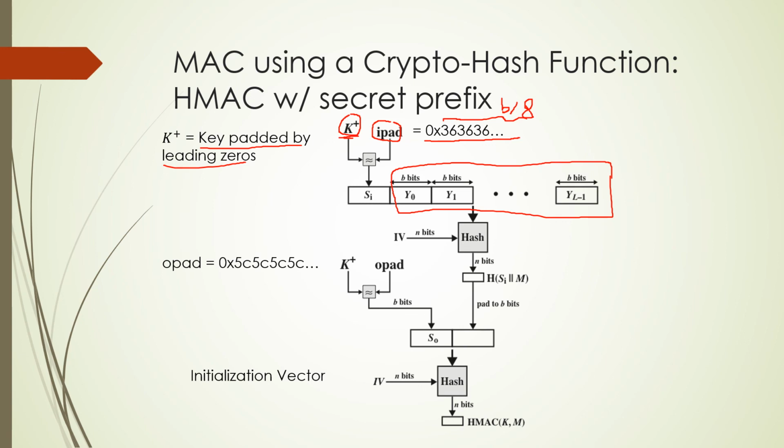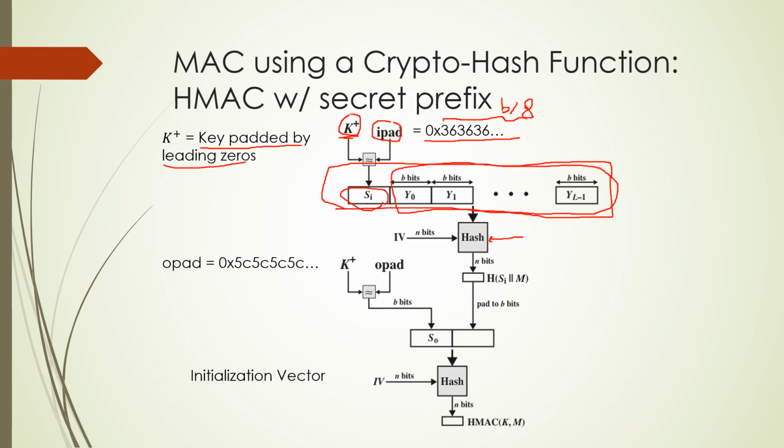And this IPAD will be exclusive ORed with K plus, which is the padded key, and that's going to generate the very first B bit packet of your message, and you concatenate that B bit block with the remaining bits of your packet, and the whole thing is going to be given to a crypto hash function like the SHAs that you have seen before, like SHA-128, 256, and so on.